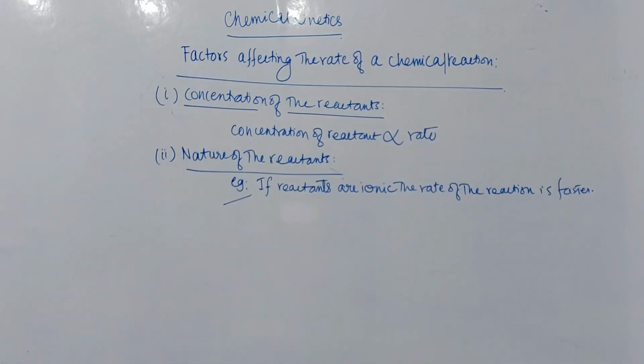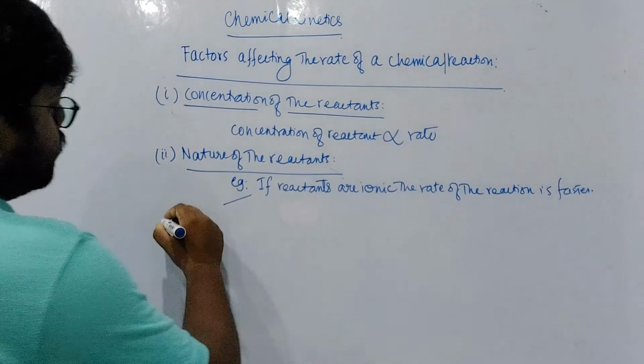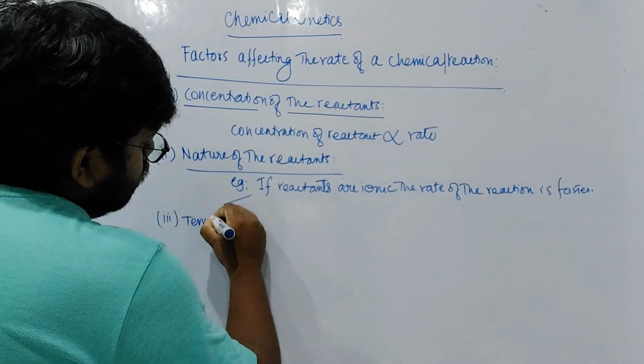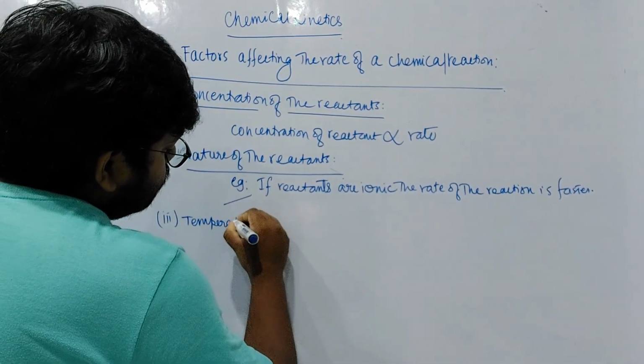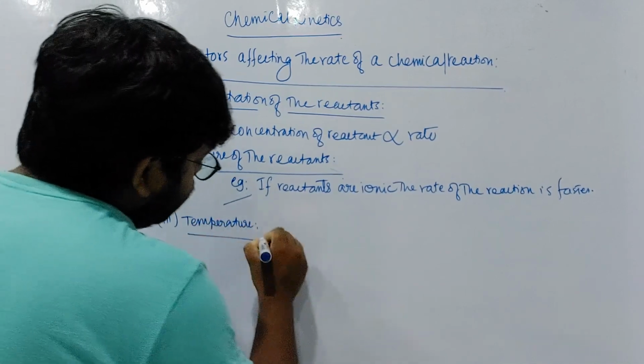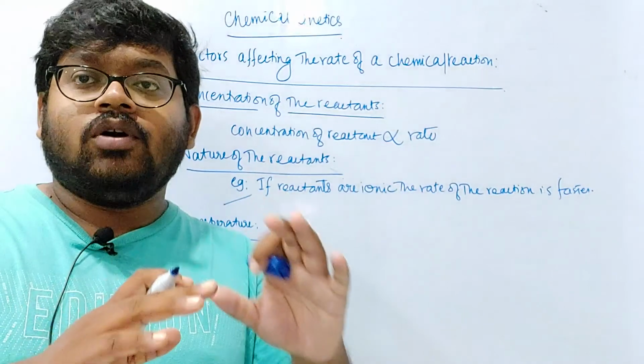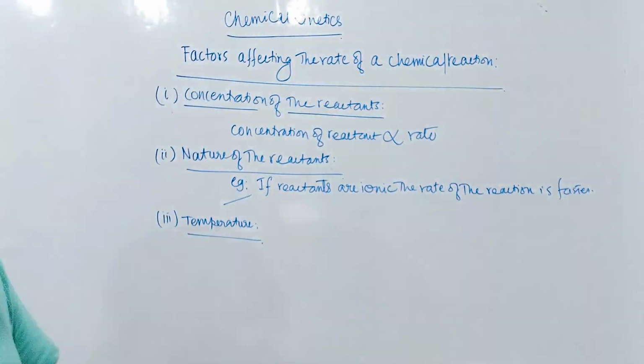Okay, the next factor that we have to discuss is temperature. The next and the third factor that we need to discuss is temperature. Okay, temperature is another important factor. Okay, if you increase the temperature, the rate of the reaction increases.